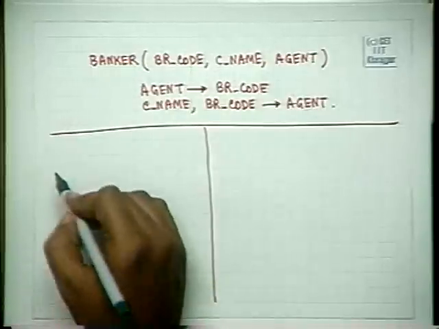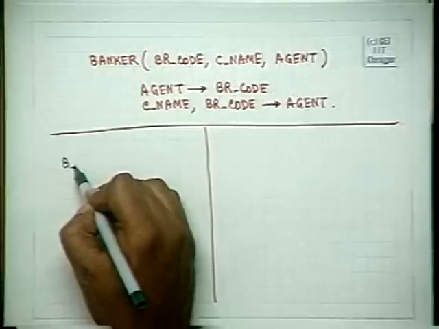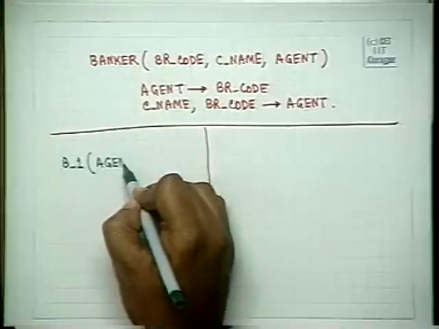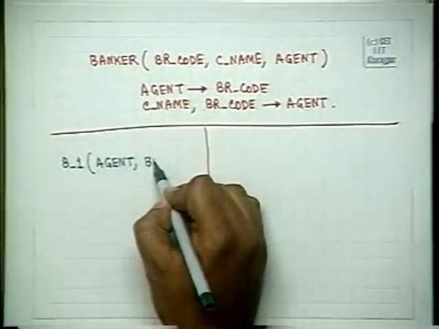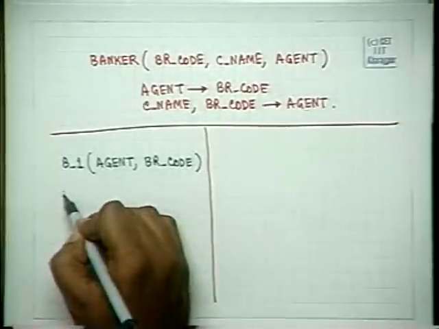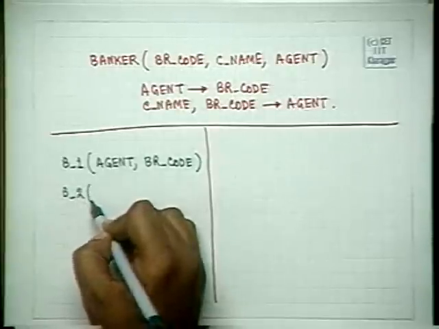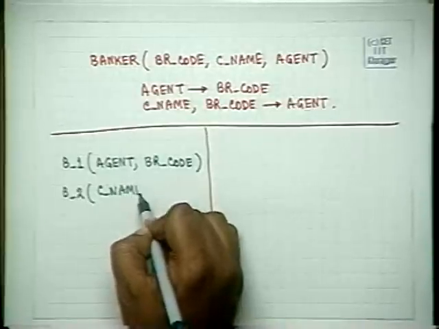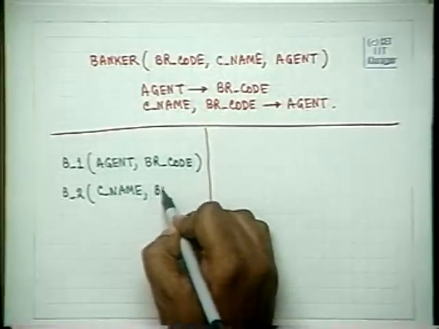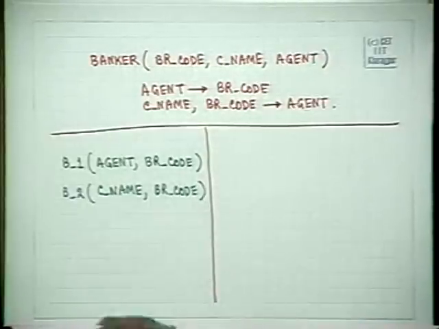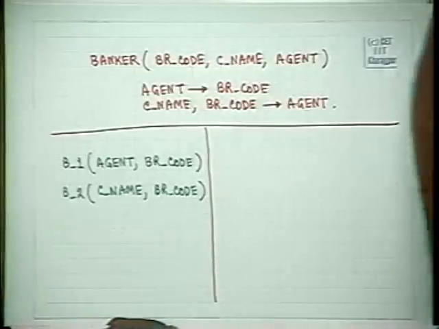The first one is B1, and the second one is B2.